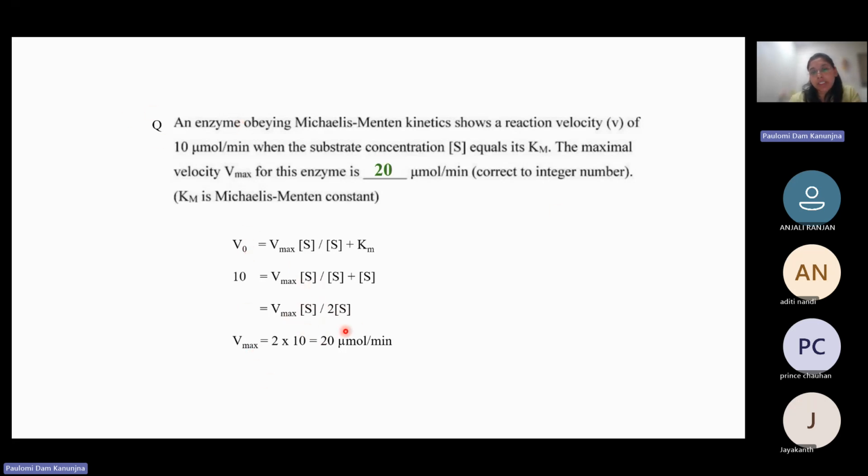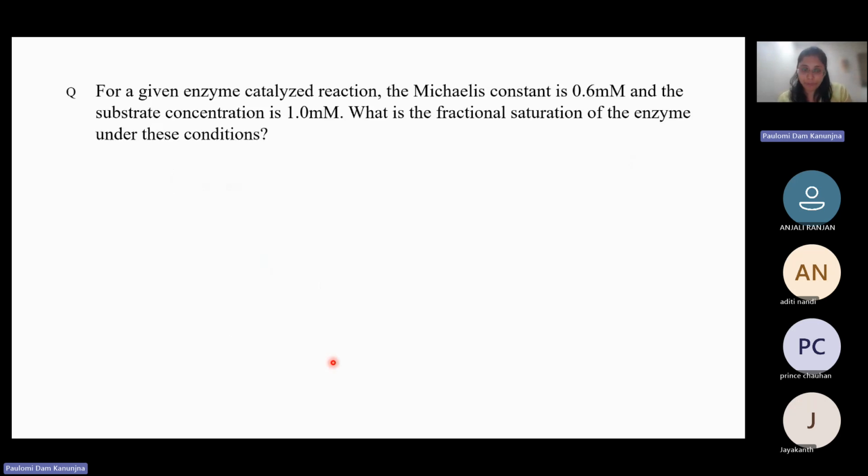So Vmax becomes 2 into 10, since the 2 goes up there. Or you can simply remember Vmax by 2, which we solved for when looking at half the velocity. We know that when Km is equal to S, V is Vmax by 2. So if Vmax by 2 is 10, Vmax is 20. You can use that logic or you can solve the equation and get to 20.